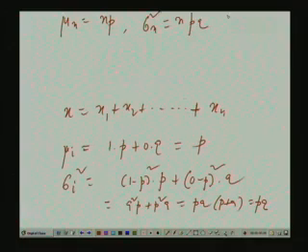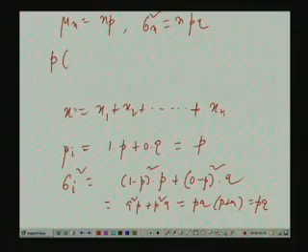We have already seen the exact probability for x, that is, what values x can take. X can take 0 when each of x 1, x 2 up to x n takes 0, that is, always a tail occurs. Then a head occurs only once and tail on the rest of the occasions, in that case x takes the value 1. Then 2 means head occurs twice and the rest of the occasions you get tail, and likewise.